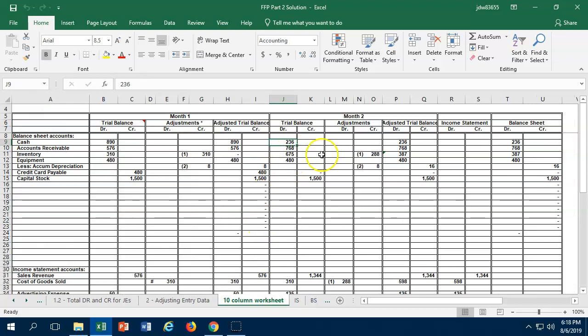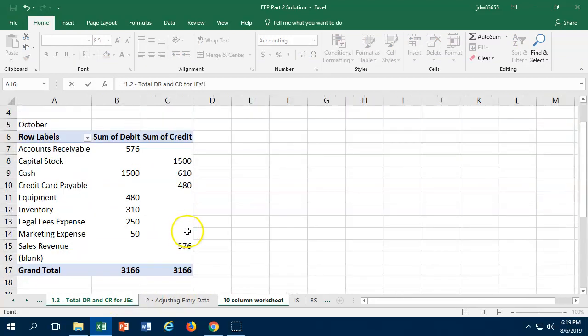So cash should be $236 if you reflect October and November transactions. We can just link even the pivot table. So go to cash, it would be the October.